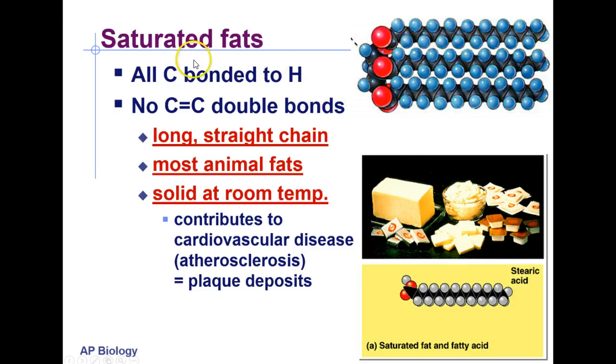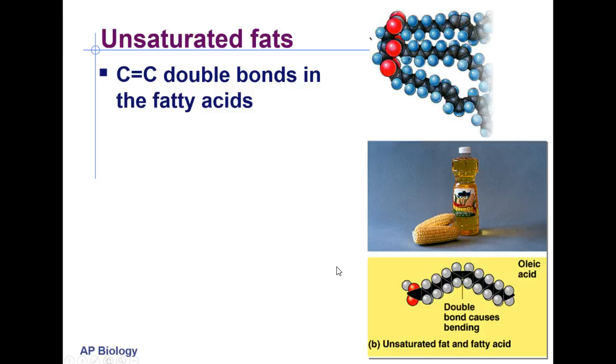And so these saturated fats tend to be solid at room temperature, like butter and lard. And, well, being that they're so able to clump together so well, they can do that inside of our arteries and cause atherosclerosis, often called hardening of the arteries because of plaque deposits. So you have to watch out for saturated fats and not eat too many of those because they like to clump together.